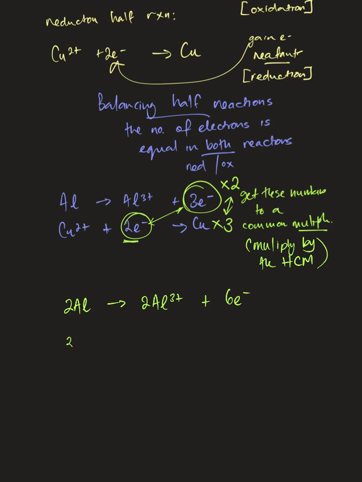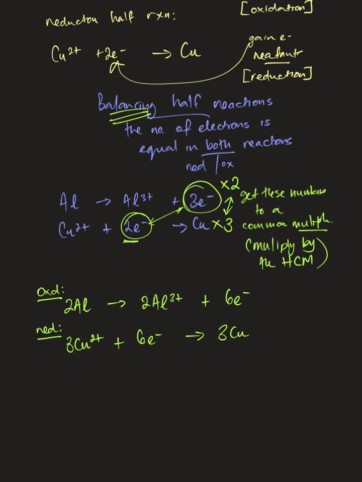Then I've got 3Cu2 plus, plus 6 electrons gives me 3Cu copper solids. Now by doing that, this would be your oxidation half reaction, and this would be your reduction half reaction. Make sure it is balanced. Do not leave it unbalanced.